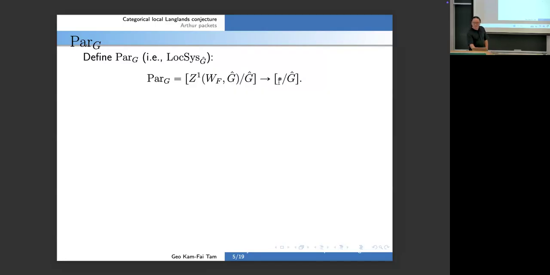I'm sorry. Yes? I should understand this very well. These one cocycles, what do they have to do with homomorphisms to the L group? I think, are they the same thing? To the L group, yes.